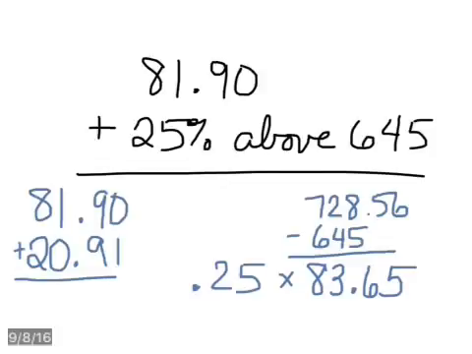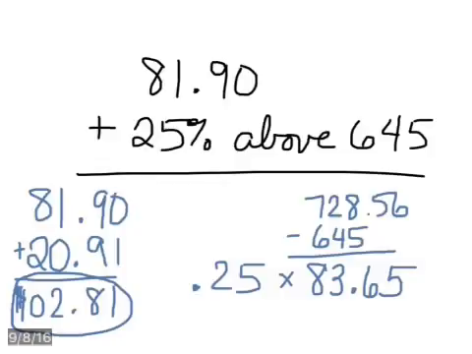So what's $81.90 plus $20.91? $102.81. Okay. And that's Part C.